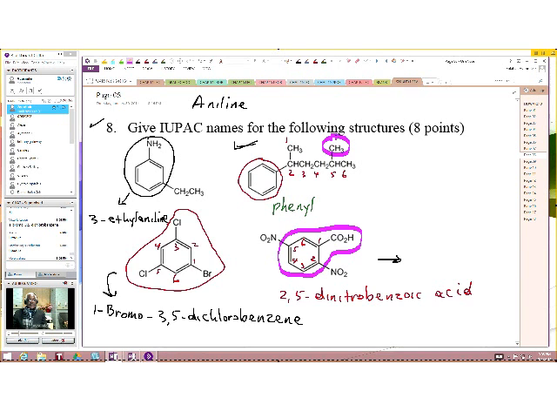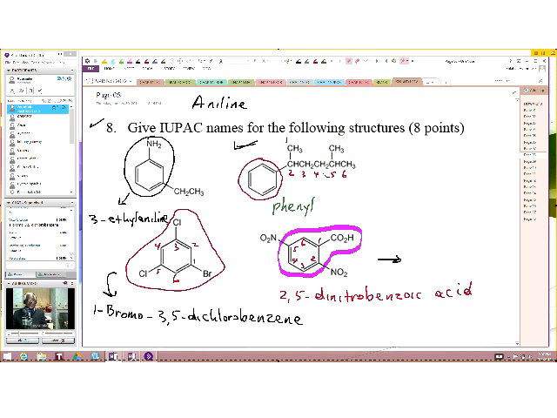Okay, let me see here. There is something I am missing here. Let me look at my alphabet. L, M, N, O, P. Oh, okay. In that case, we have to start numbering from here because the M comes before P. Keep in mind, anytime you are going to assign numbers, and you could assign the same number coming from the opposite direction, in that case, you got to assign numbers based on the alphabetical order of the substituent.